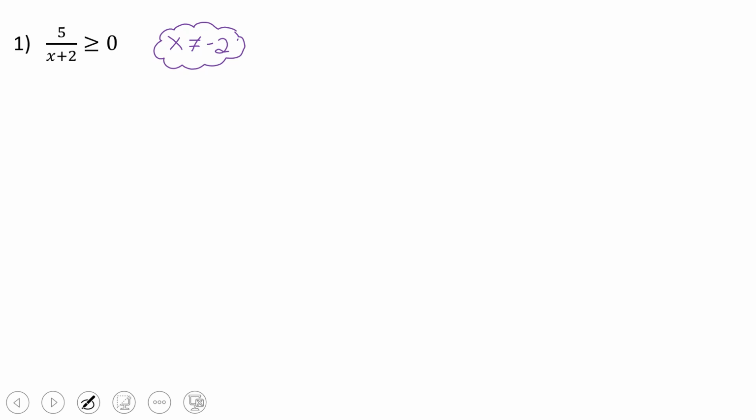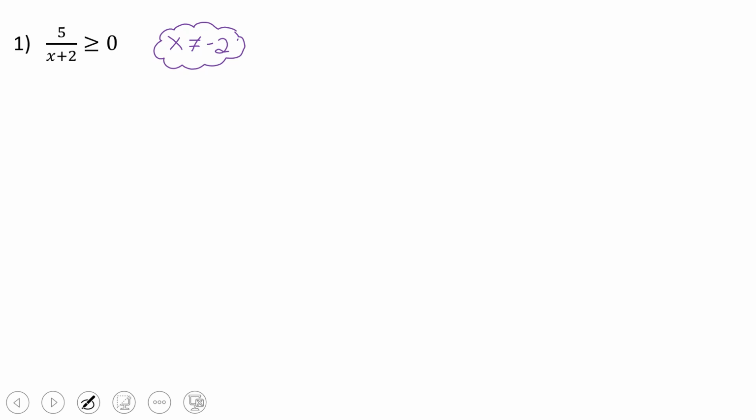With these, as long as they have a 0 on the right-hand side, we can go ahead and start to identify where our boundary points would be. The boundary points would be any zeros that we would get from the numerator or the denominator.